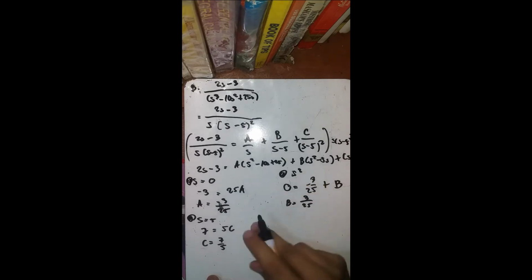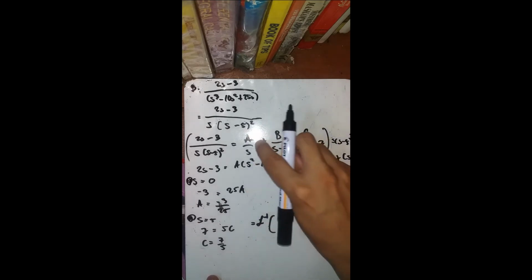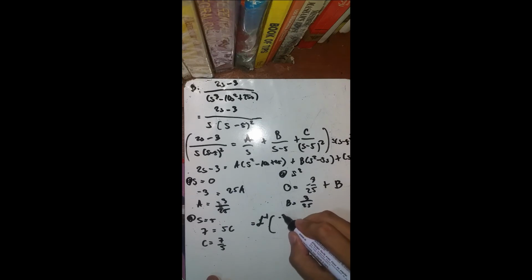Now your final answer, or your final partial fraction, is the inverse Laplace of negative 3 over 5 all over s, plus b, now 3 over 25, all over s minus 5, plus c, which is 7 over 5, all over s minus 5 raised to 2.